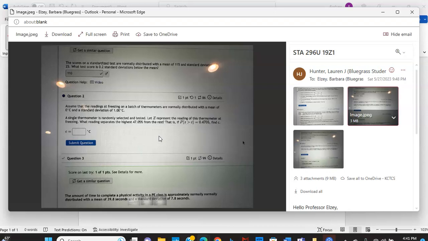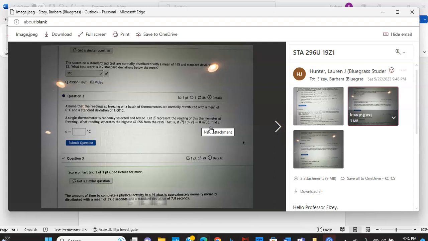Okay, so really we want to know for what value the probability is greater than 0.4705. Now, we can use Excel to help us with this, but Excel only will generate answers for a less-than problem. So if this said Z is less than C, we could just plug this into a command that I'm going to show you in a minute, and we would get back the original value of this temperature that corresponds to 47.05%.